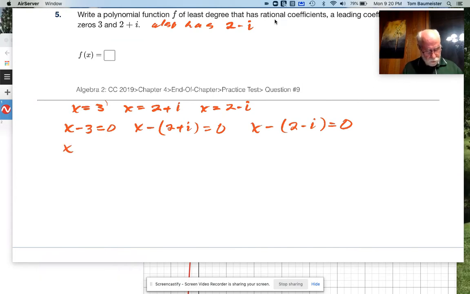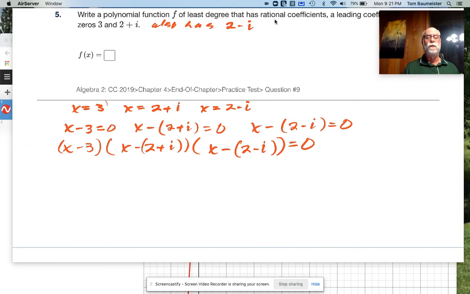So again, if we were to multiply them together, we would have x minus 3, x minus 2 plus i, and then x minus 2 minus i. Again, that'll equal 0. My suggestion to you was to take these ones and regroup.